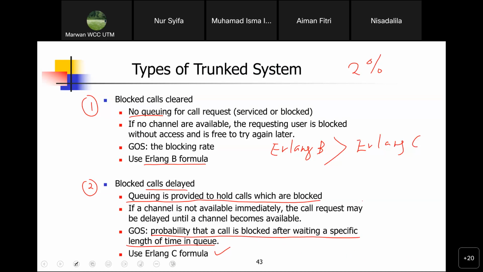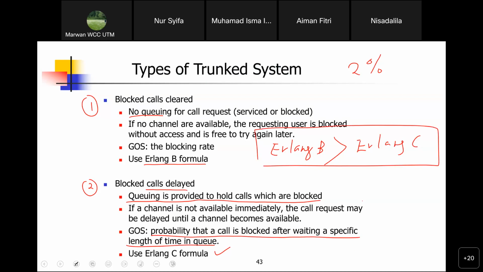Because for Erlang C, you still need to give the option and use your resources to entertain the queuing. So this is one of the things that we have to agree with. A system that is very harsh to the customer means that we can serve more customers.